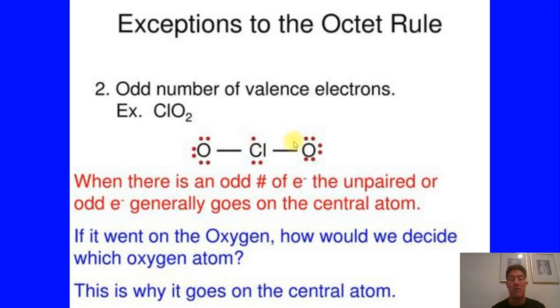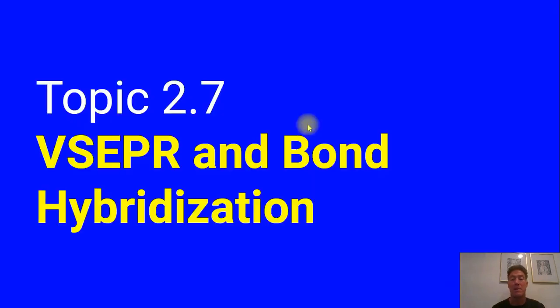If you put it on an oxygen, which oxygen? So you're typically going to leave it here with the central atom. And while this is not associated with stability, these do exist. You do have odd numbers of valence electrons sometimes. Those are often called free radicals because they're very reactive with other things.